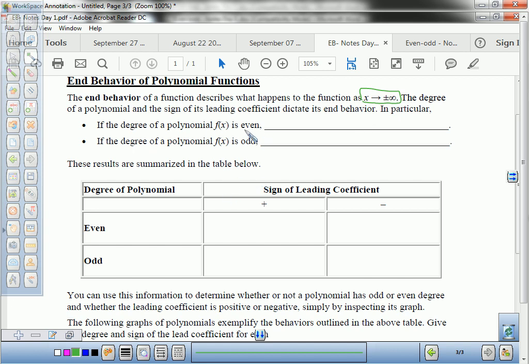Now this is a different even. This is talking about the degree of a function. That is not even symmetry. Two different things. So, if the degree of a function is even, like y equals x squared, y equals 3x to the 4th, if that is your largest term and the degree is even, the power is even, then the ends do the same thing.